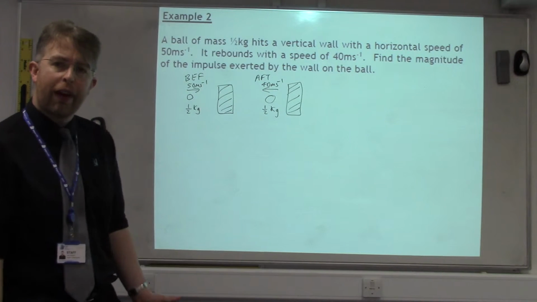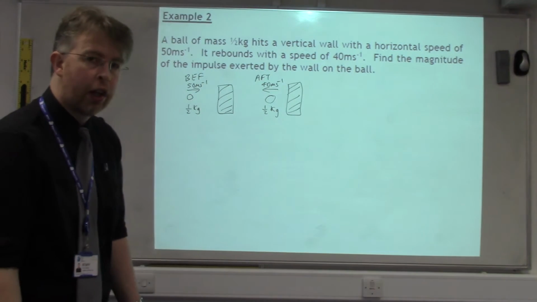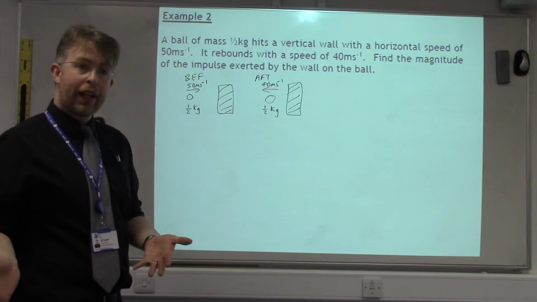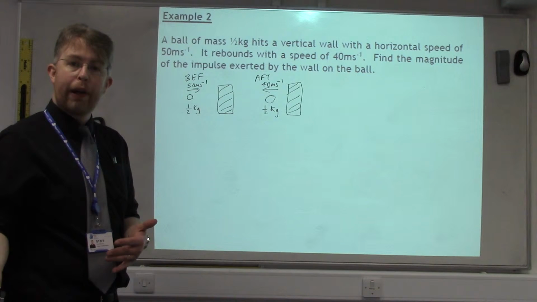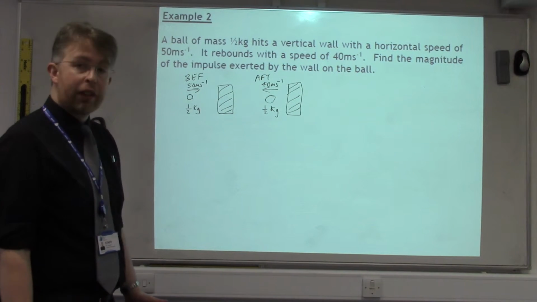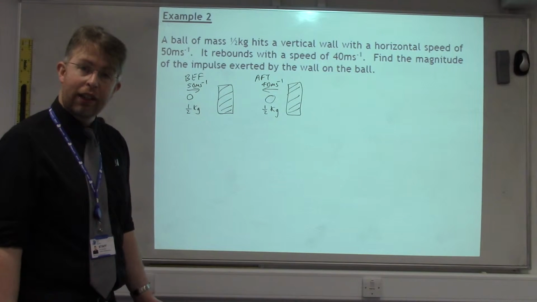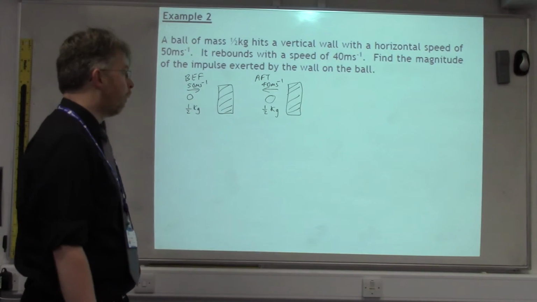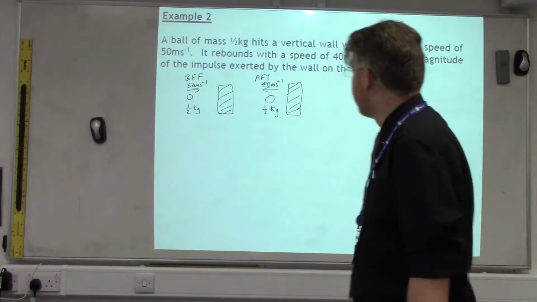Very often we're asked for the magnitude of impulse, because impulse is a vector quantity, so you might get a negative answer if you've chosen right positive. So if you get a negative answer, we then have an extra line showing the magnitude without the negative value.